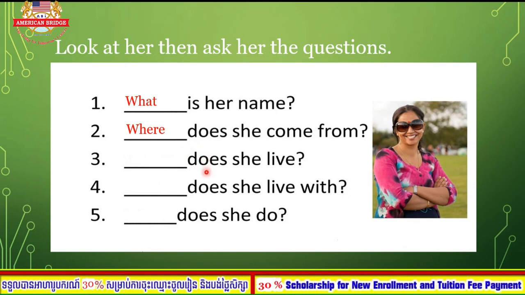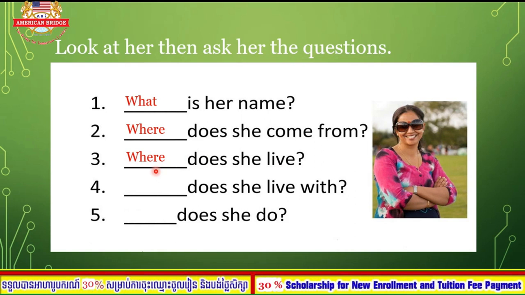How about number 3? Does she live? What WH word should we use? Okay, this is where, right? Where does she live? Live here also tells us about the place. So when we want to know about the place of somebody, we can use where as well.